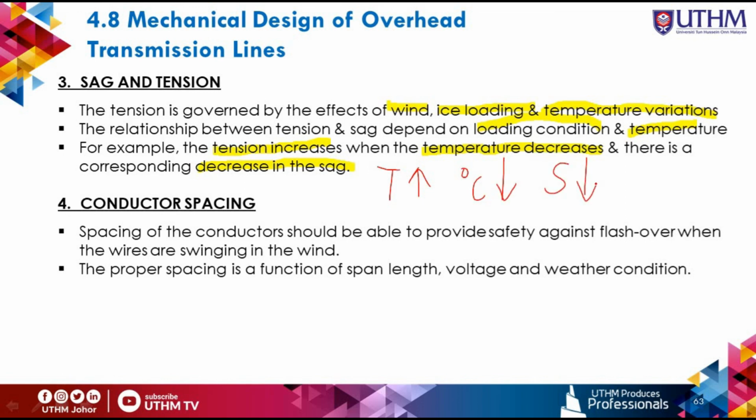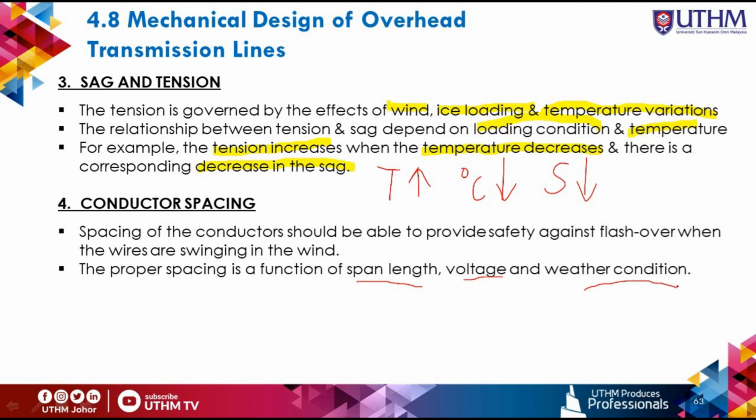And then we go for the conductor spacing. Spacing of the conductors should be able to provide safety against flashover when the wires are swinging in the wind. The proper spacing is a function of span length, voltage, and also weather conditions.